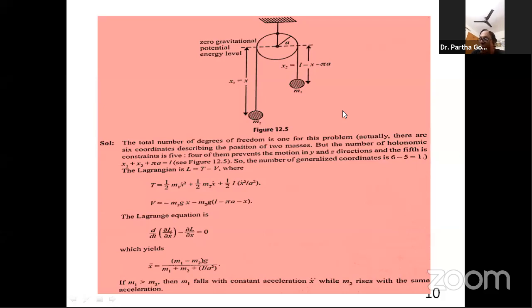So what I want to emphasize is, unless one understands the little physics of very simple systems, which are taught probably at the school level, one will not be able to make big headway in physics.